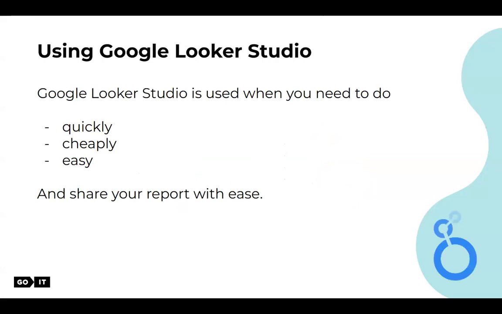So this is the selling point of Google Looker Studio. It's a cloud-based program that you can use for your business intelligence needs. It's free for the most part. So it's really quick to use, cheap, and it's easy.